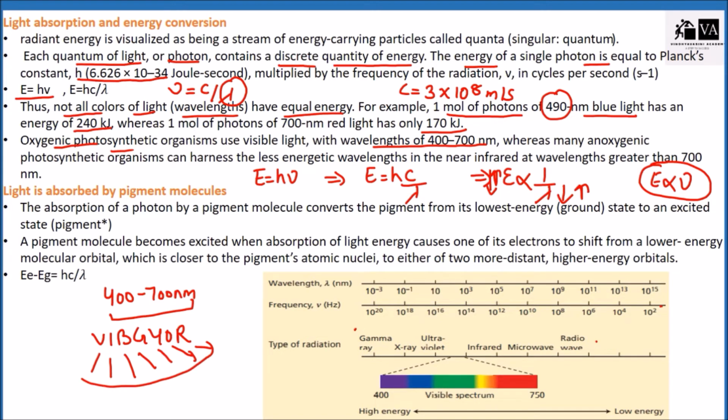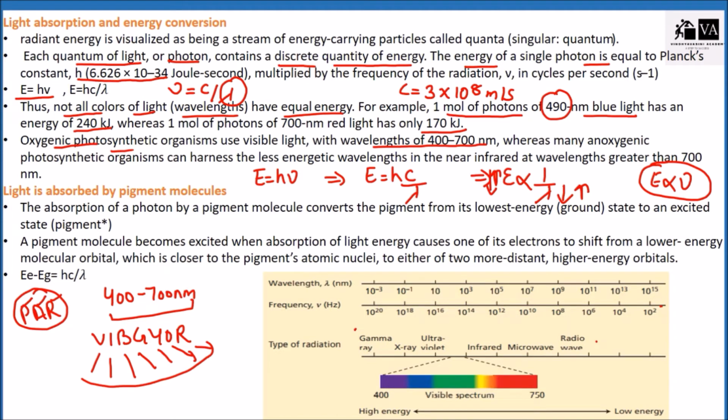This VIBGYOR region is also called PAR. And what is PAR? PAR is the photosynthetically active region. In this region, oxygenic photosynthesis occurs.